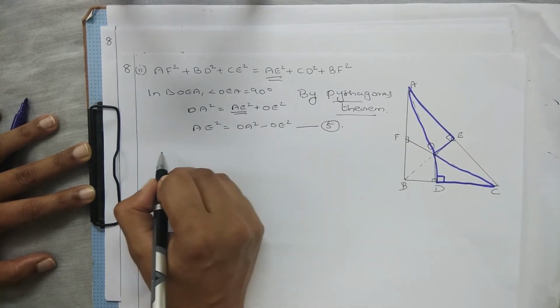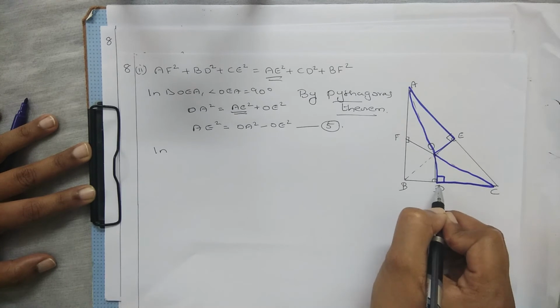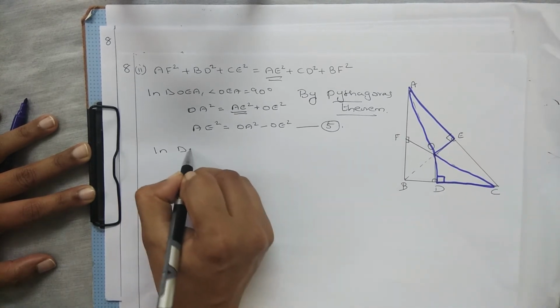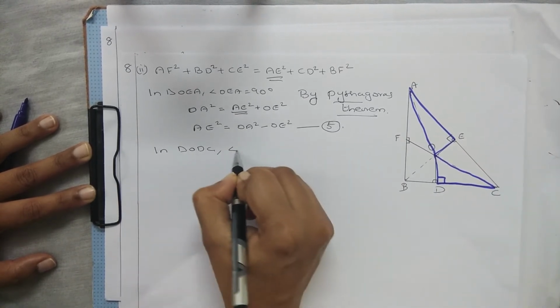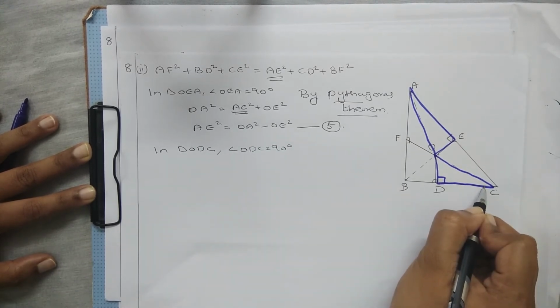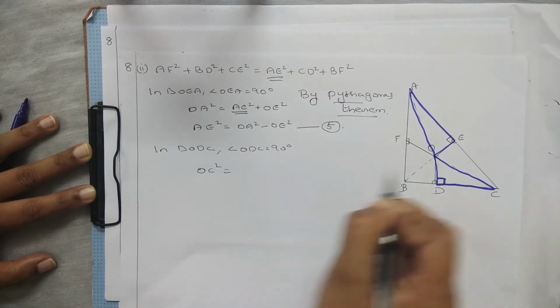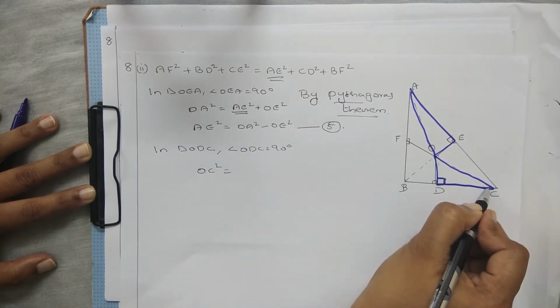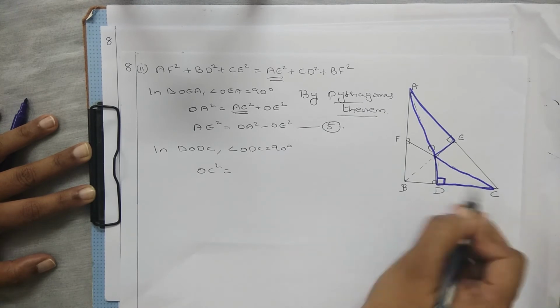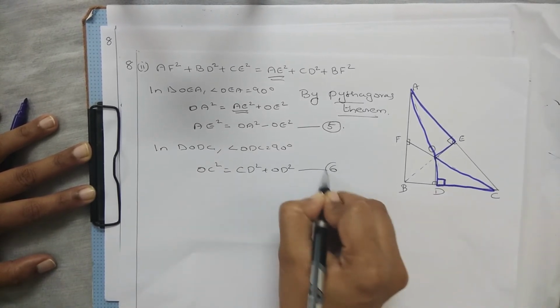Now, which triangle you have to consider? In triangle ODC, angle ODC is equal to 90 degree. We need to get CD square here. So this is the 90 degree angle. So you will get OC square is equal to OD square plus CD square, or CD square plus OD square. Put that equation number 6.